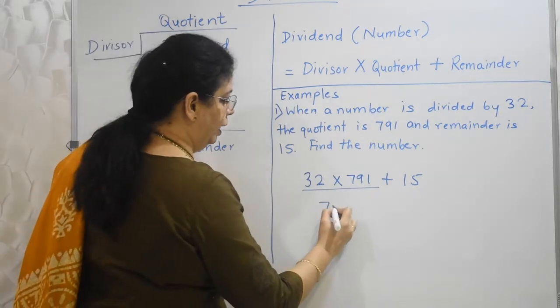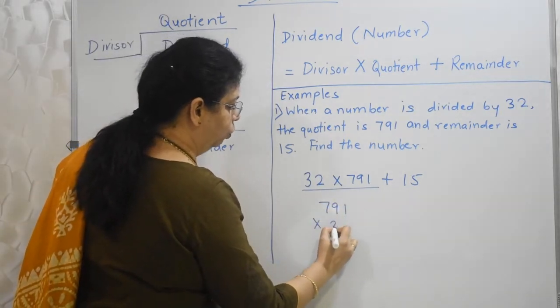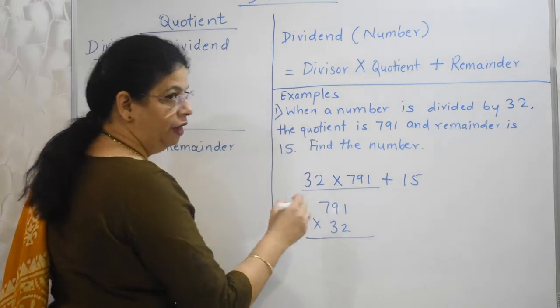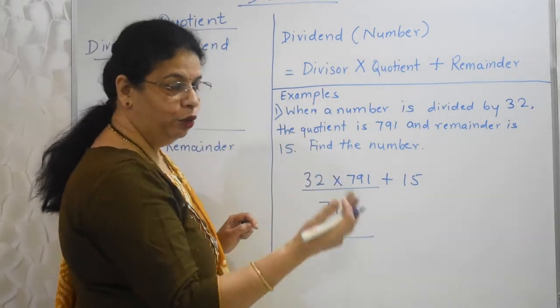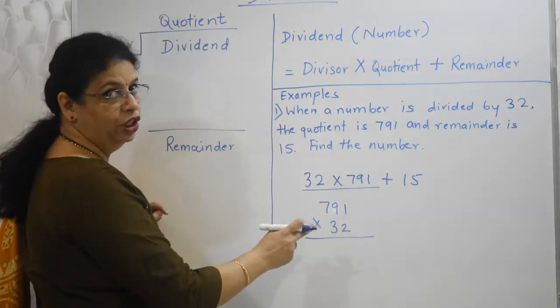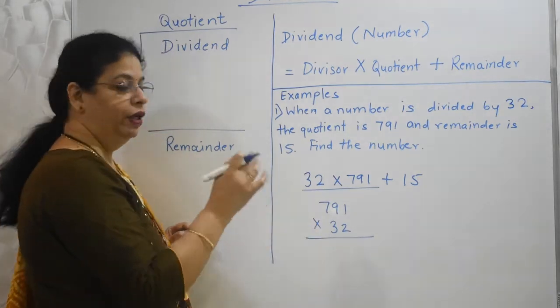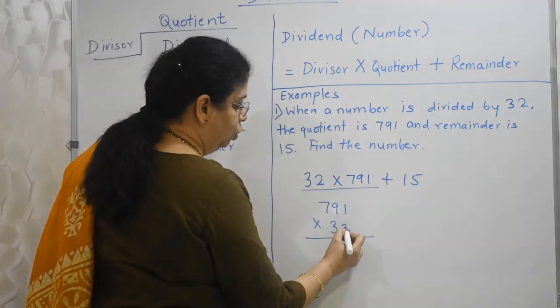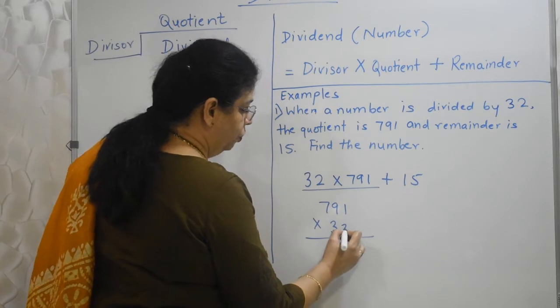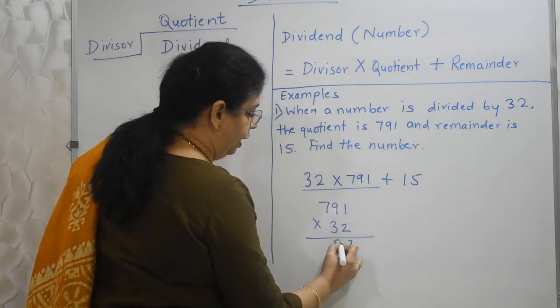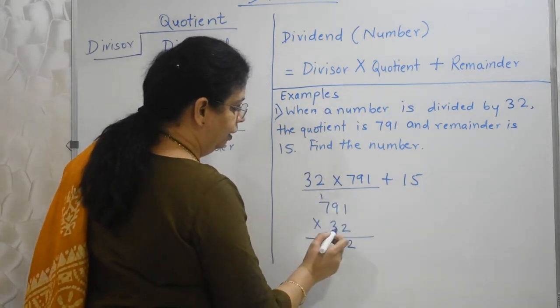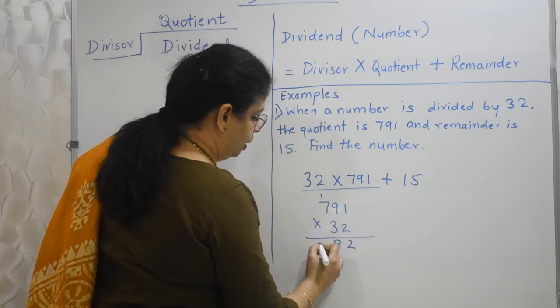So 791 into 32. See, 32 into 791 is the same as 791 into 32. I have purposely taken the 2-digit number down so that our work is reduced. Let us start. 2 into 1, 2. 2 9s are 18, 1 carry. 2 7s are 14 plus 1, 15.